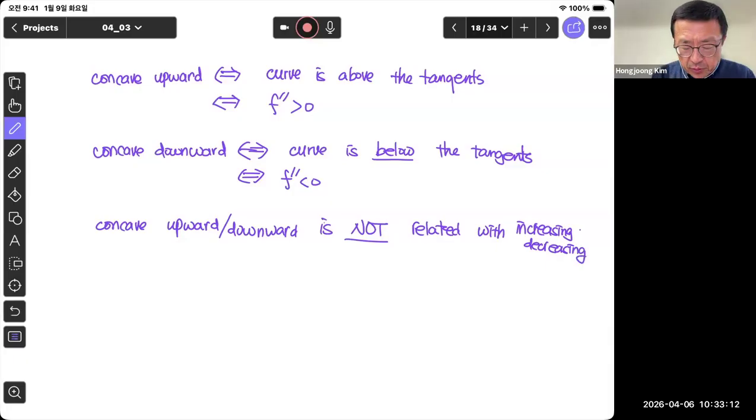Okay, so these two are the definitions, and here is one note.